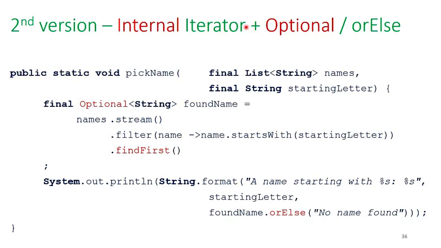So we don't have to make an if statement. We don't have to test whether our string is there or not. We just say, I'm going to display found name, and I have a way to tell found name what I want its default value to be in case the string it wraps is null. We are good on that? Sounds good? So it's just, again, to make it easier.